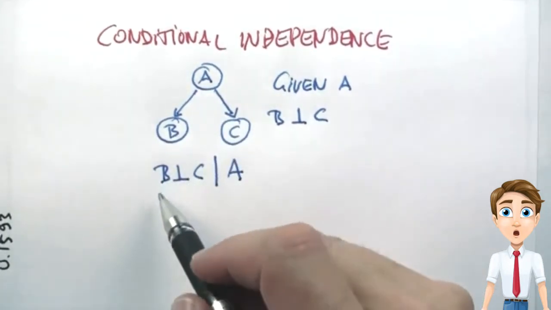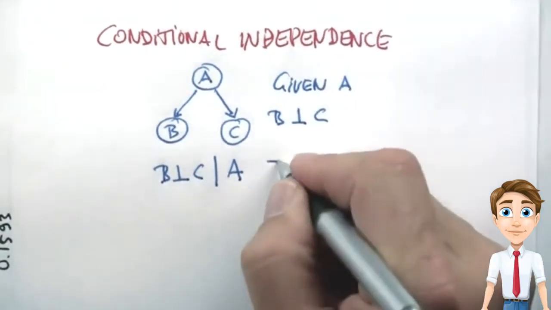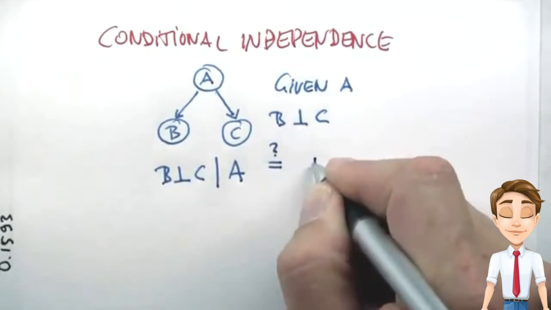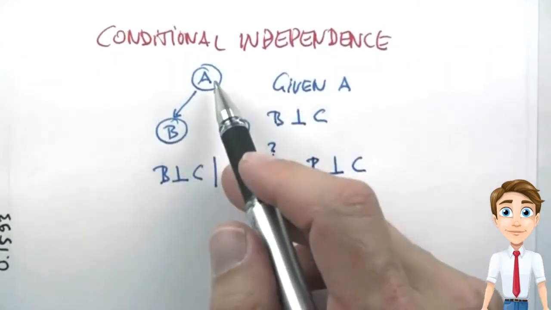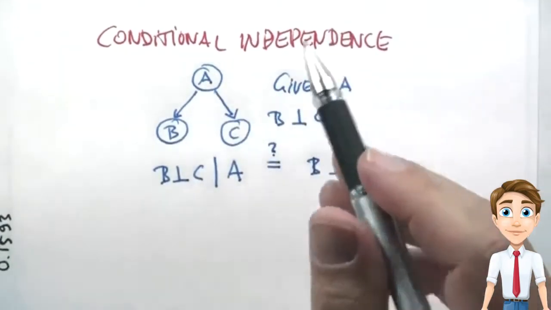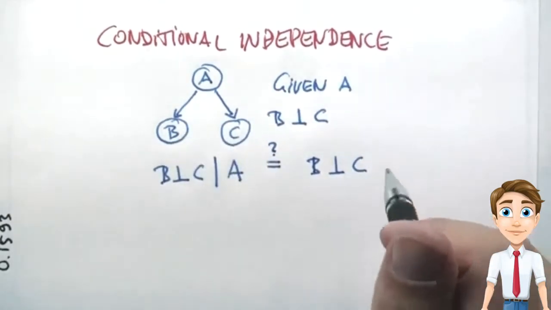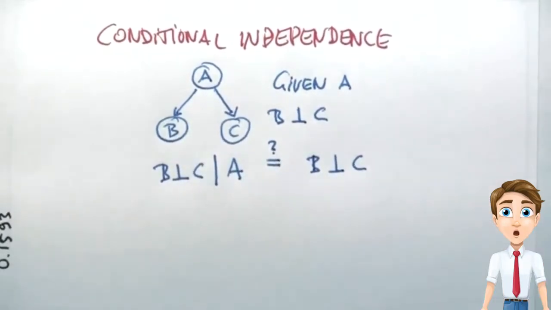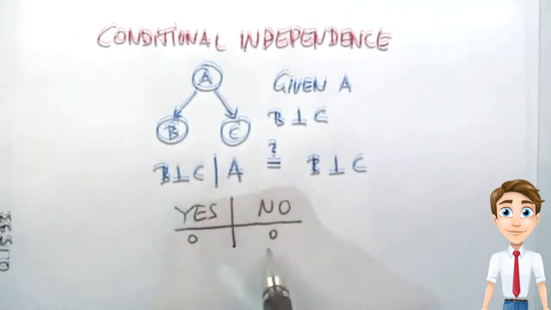Suppose we have conditional independence between B and C given A. Would that imply that B and C are independent? So suppose we don't know A, we don't know whether we have cancer, for example. Would that mean that the test results individually are still independent of each other, even if we don't know about the cancer situation? Please answer yes or no.